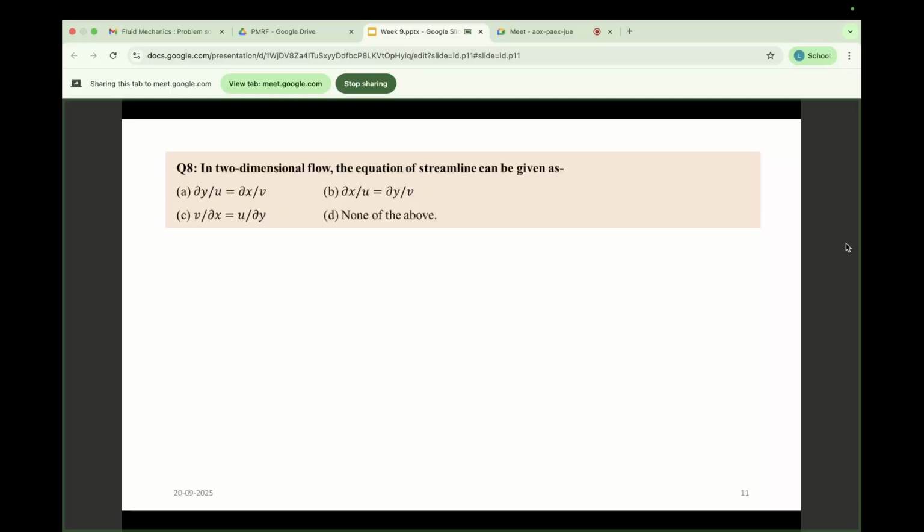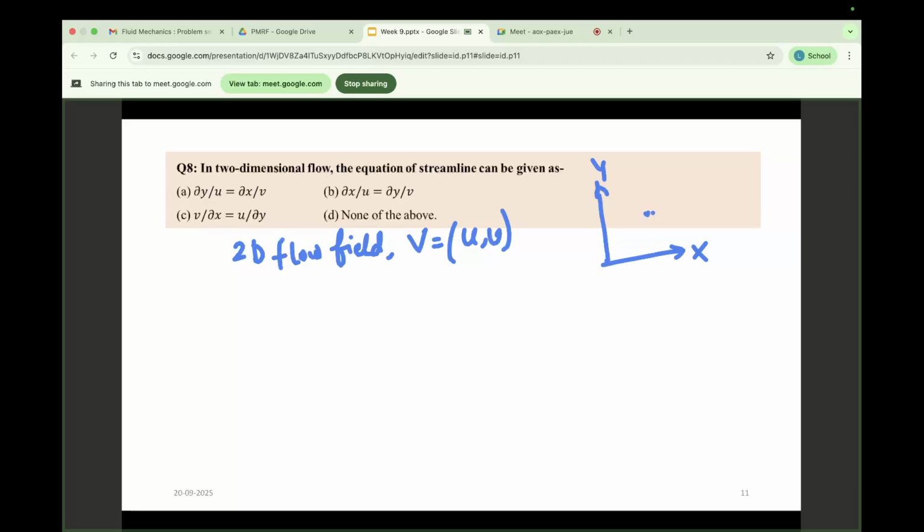So what I have explained earlier about the streamline is that, say, for a 2D flow, how can I represent the velocity? So this velocity is represented as u and v, right? I am just recapping this for you. If it's in x, it's in y direction. So a particle is there.